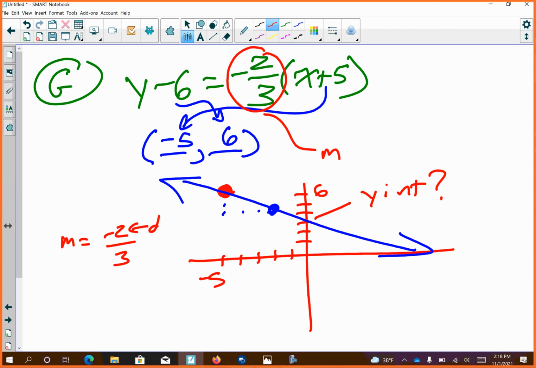This is going to go down from the dot and right from the dot. So down 2, right 3. Does that make sense? Are we clear as mud? Nice and filthy. Can't see through mud.